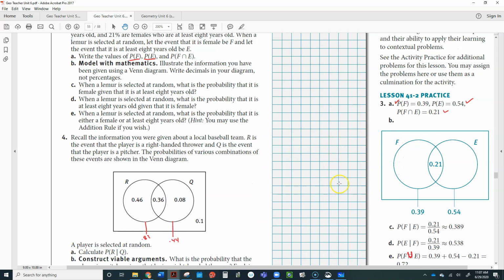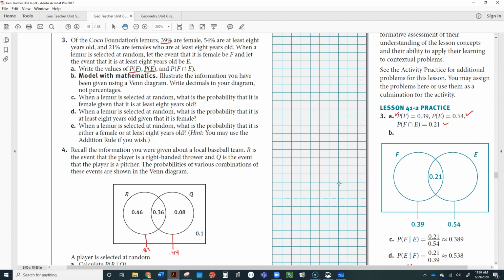So this is the hard part, because you have to understand that they did it differently than we've done it, like on this one over here. So here they've given you 0.21 and then they've given you the total. So you have to calculate what's in here. So 0.21 is part of this total. I'd like to write down what I'm going to do, so I'll do the math right here.